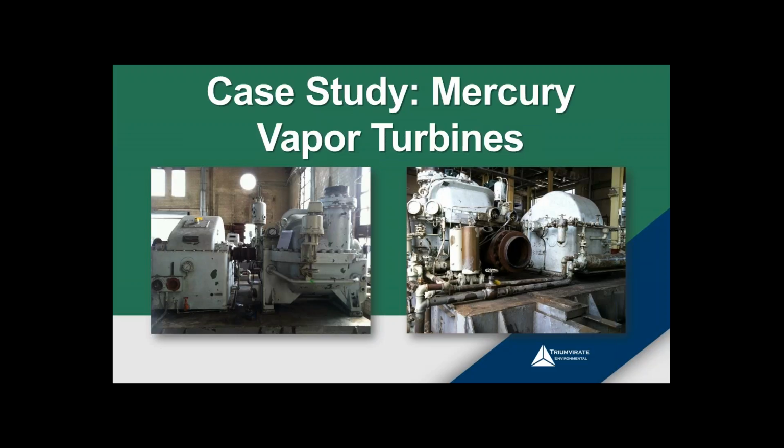The exhaust from the mercury turbine is used to raise steam for the steam turbine. That's why mercury was used in these big units. Power plants that use this include plants in Hartford, Connecticut; Kearney, New Jersey; and Portsmouth, New Hampshire.